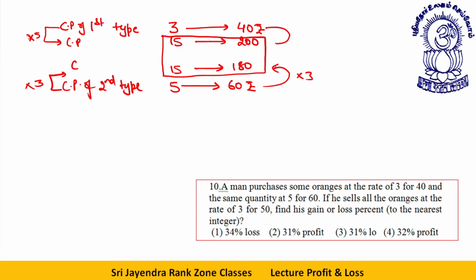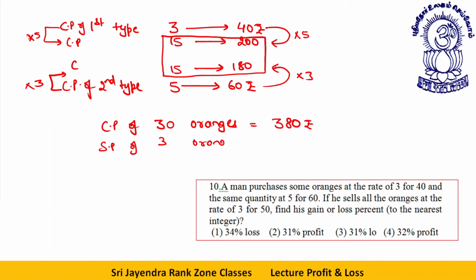So in a nutshell, CP of 30 oranges is equal to 380 rupees. Now, if he sells all the oranges at the rate of 3 for rupees 50, SP of 3 oranges is 50 rupees.